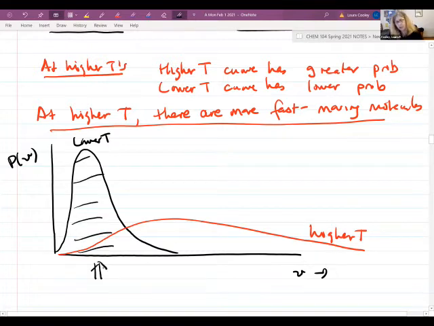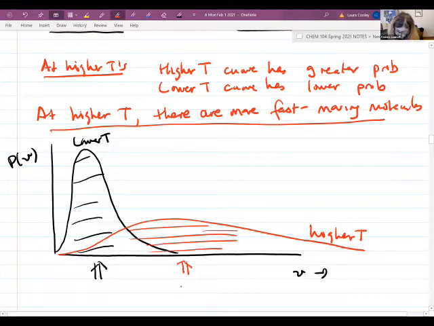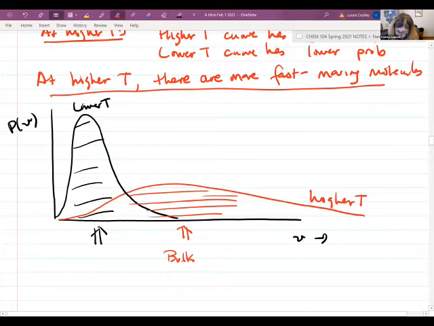The bulk of molecules are moving at a slower speed. Here's the bulk of molecules at the higher temperature. So you can see that most of the molecules move faster at the higher temperatures.